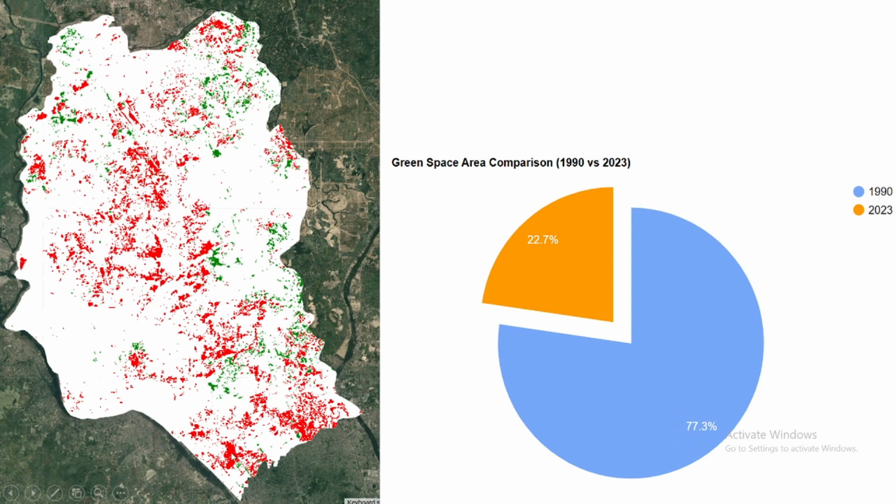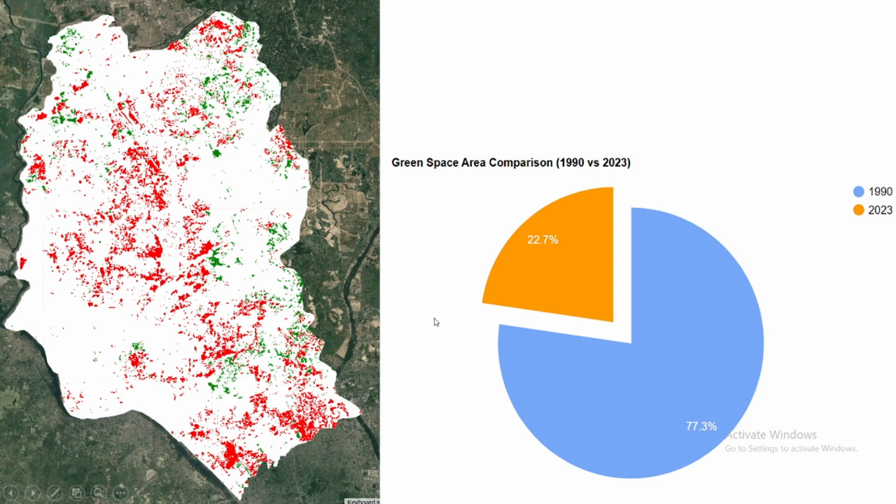Here you can see this red color was vegetation in 1990. But in 2023 we find only this much green or vegetation in Dhaka city. We find that 22.7% of the area is green in 2023, and 77.3% was urban green in 1990.